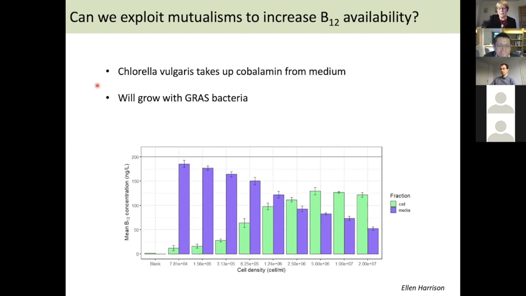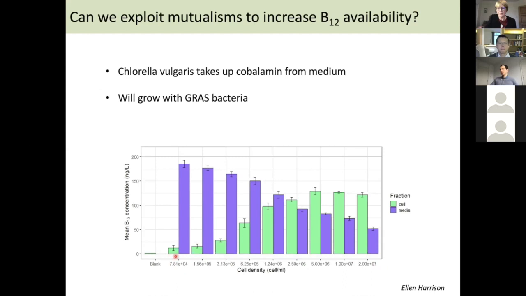So this is just a simple experiment having increasing amounts of cell density, and we incubate them with a fixed amount of vitamin B12 and then measure what is present either in the media in glorious purple or in the cells in green.